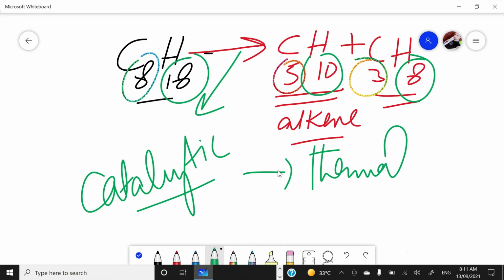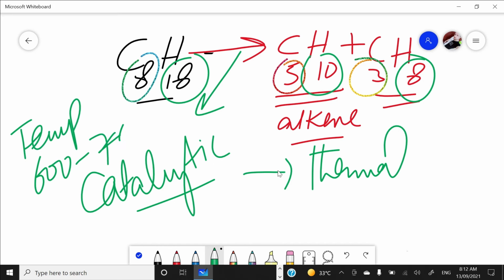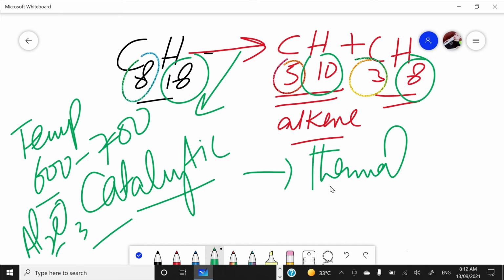Sir, a temperature of around 600 to 700 degrees Celsius, and high pressure, and Al2O3 as a catalyst. Okay? So we can use these conditions for the cracking purpose. Let me take another example for cracking.